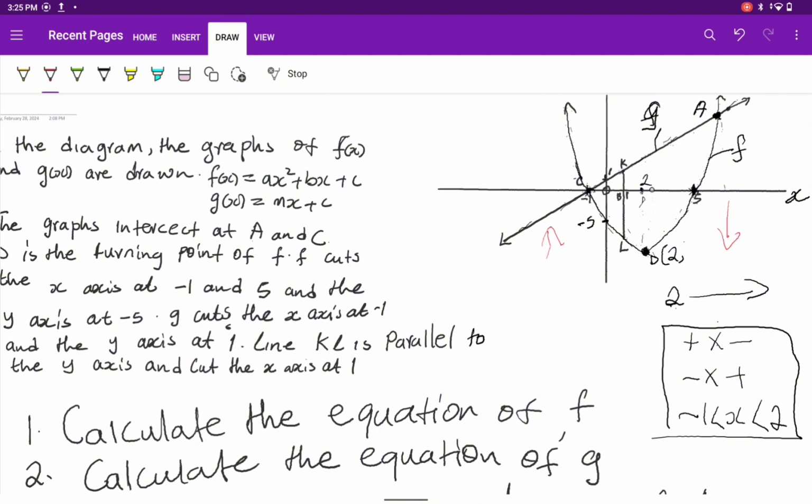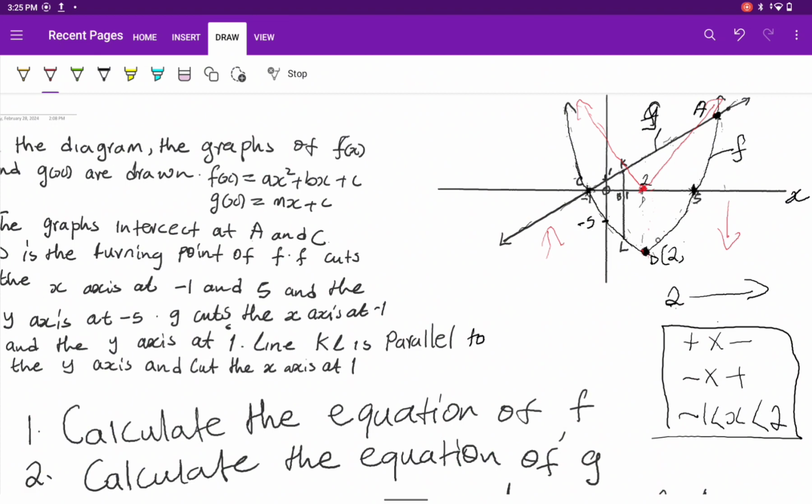Now we are pushing it up till here. So our D point will come there, and we will have this type of graph, right? And if you check, this now has one root. It's cutting the x-axis once. If we push it from here to there, we are pushing it up, then it will have one root.